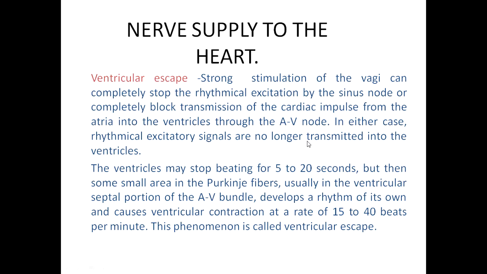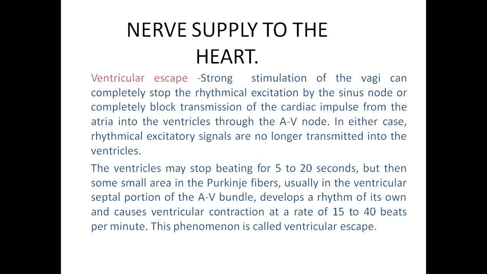So if we stimulate the vagus nerve much more, it will completely stop the rhythmical excitation of the SA node. You know that the SA node automatically becomes excitable, depolarizes, and hyperpolarizes. You know that, right?